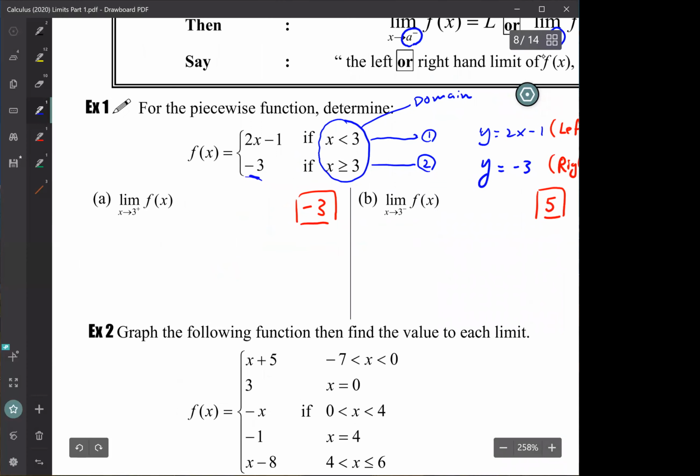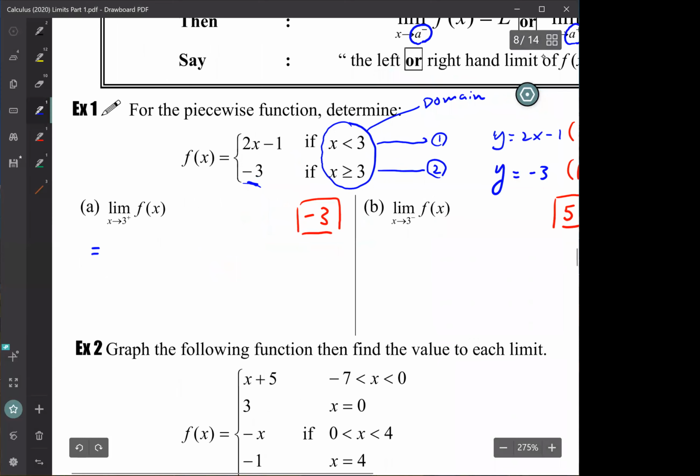So we start by thinking about x approaching 3 from the right side. So that means x should be a little bit bigger than 3. Okay, Jeffrey, can you give me a value that's a little bit bigger than 3? 4? A little bit bigger. 3.2?